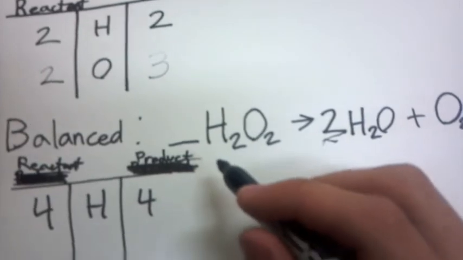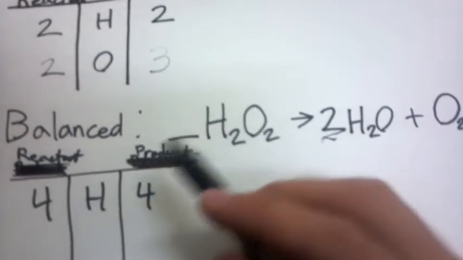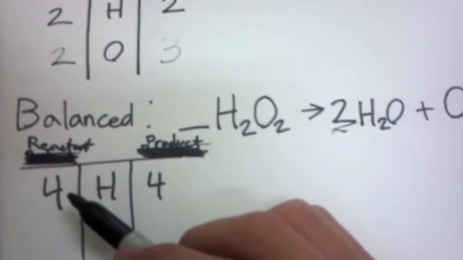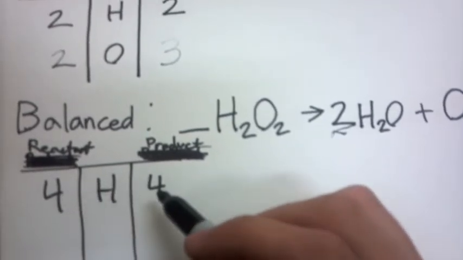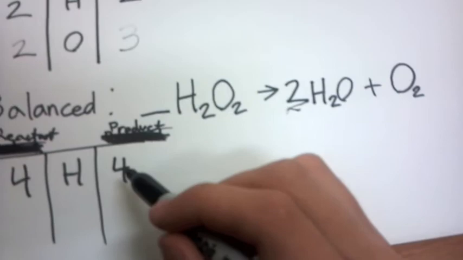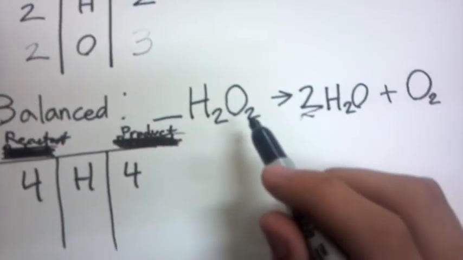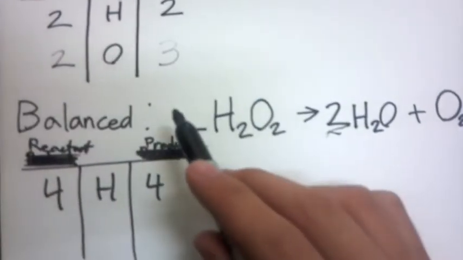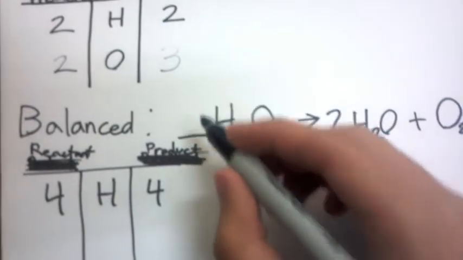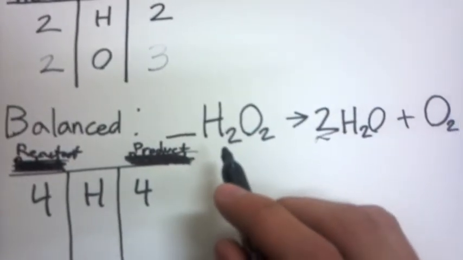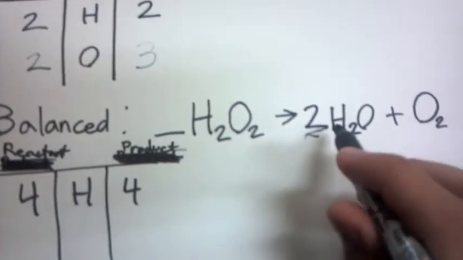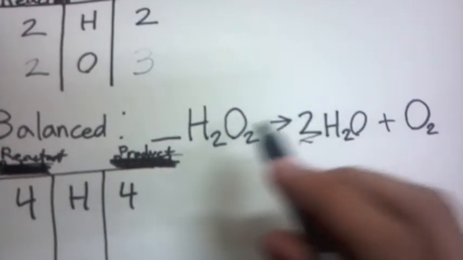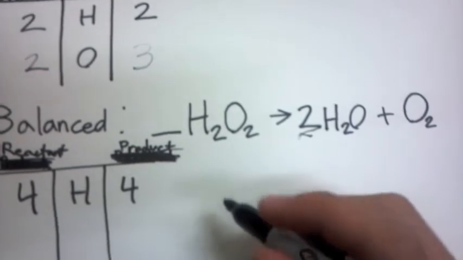As you can see, there are 4 hydrogens on the product side and 4 hydrogens on the reactant side, but that can't be without a number right there. In order to figure this out, we need to multiply by a certain number to make this side and this side both the same amount.